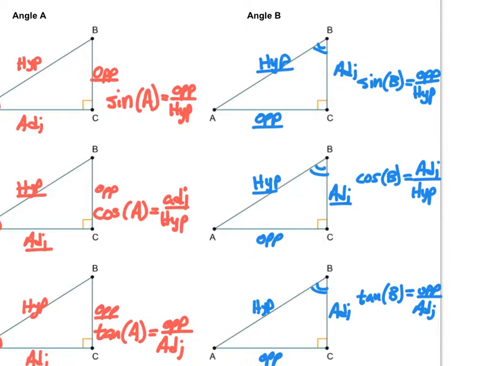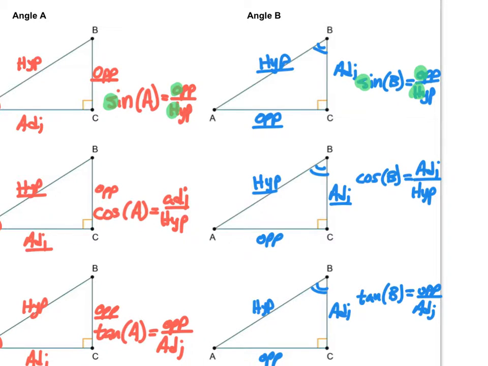So one way that I remember this is to think about the letters that start here and the letters that you have here. The way that you remember this is you think about the S, the O, and the H. If I use sine over here, it was S, the opposite side, and then the hypotenuse.